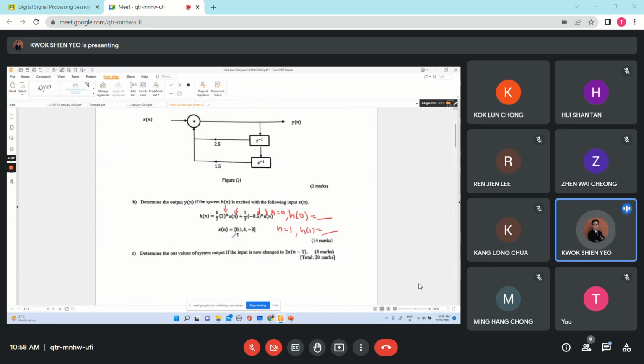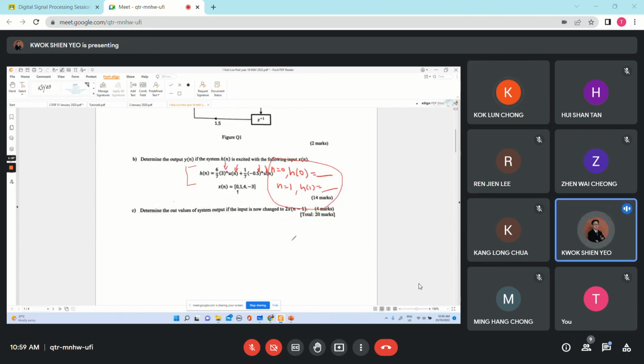But if you ask me, sir, what's this, I won't tell you, because I assume you would know how to replace n equals 0 to get one slot. This is the basic knowledge of it. So maybe I cannot help you in the exam venue.